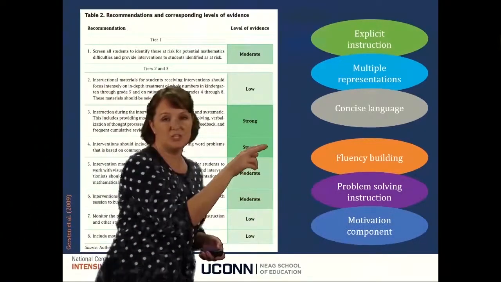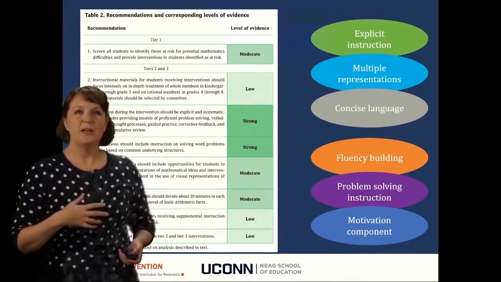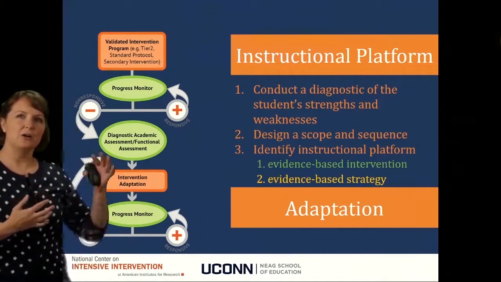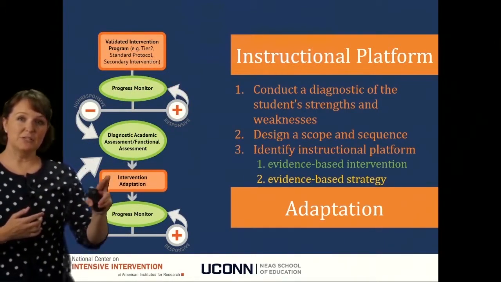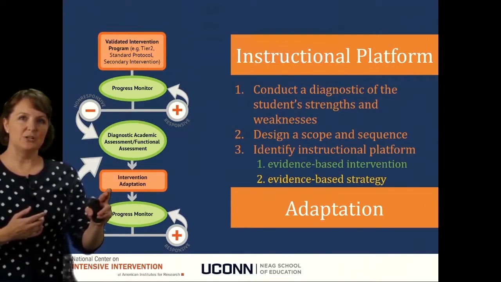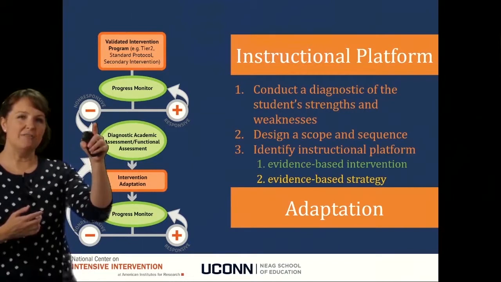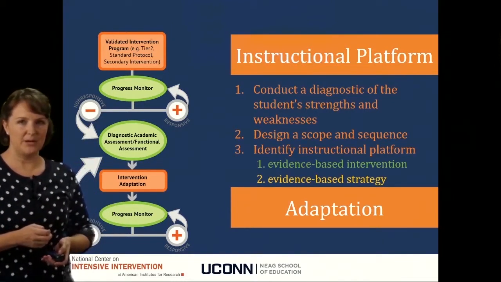These are all strategies that should be embedded within your instructional platform. So speaking of that instructional platform, we kind of go back to our picture here. We've got our instructional platform that's here, and then today we've focused on this intervention adaptation. So how do you adapt the intervention when it's not paying off as much as we would like it to pay off for students with math difficulty?